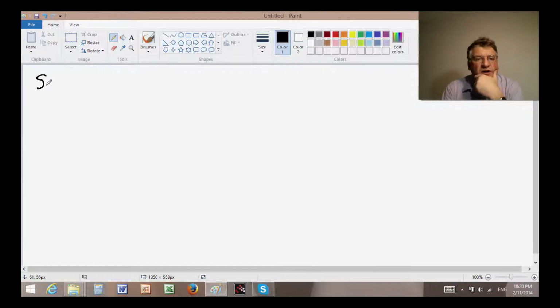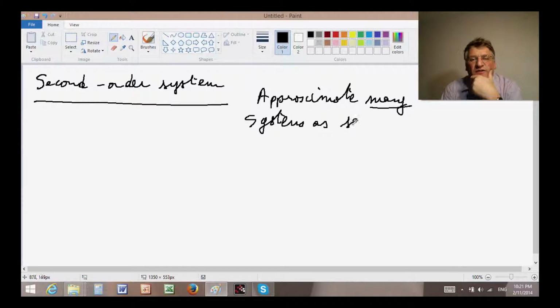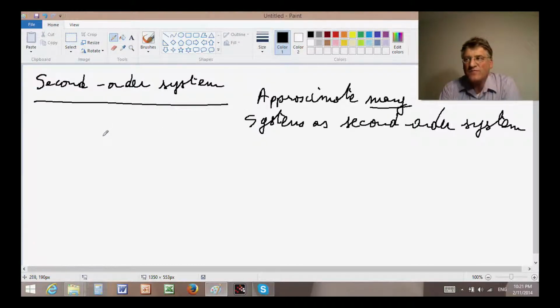Second-order systems are very interesting because although they may look simple, we can approximate many systems as second-order systems. And so that's the power that these systems offer to us.